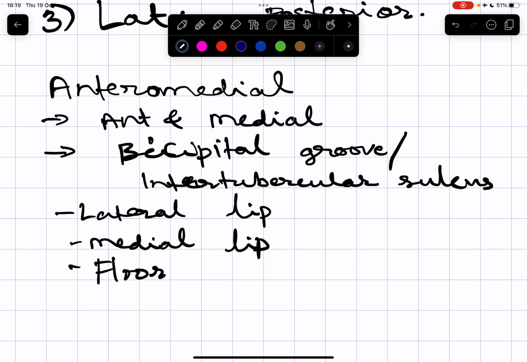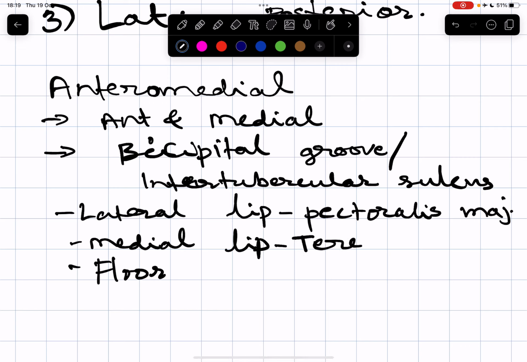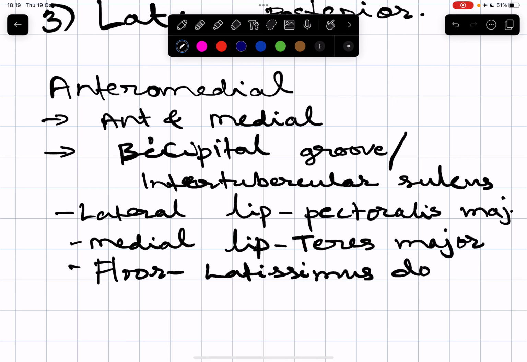Right, now we know that attached to the lateral lip is the pectoralis major muscle. The pectoralis major muscle is inserted to the lateral lip of the bicipital groove. The medial lip has the insertion of teres major muscle, and lying in the floor is the latissimus dorsi muscle.